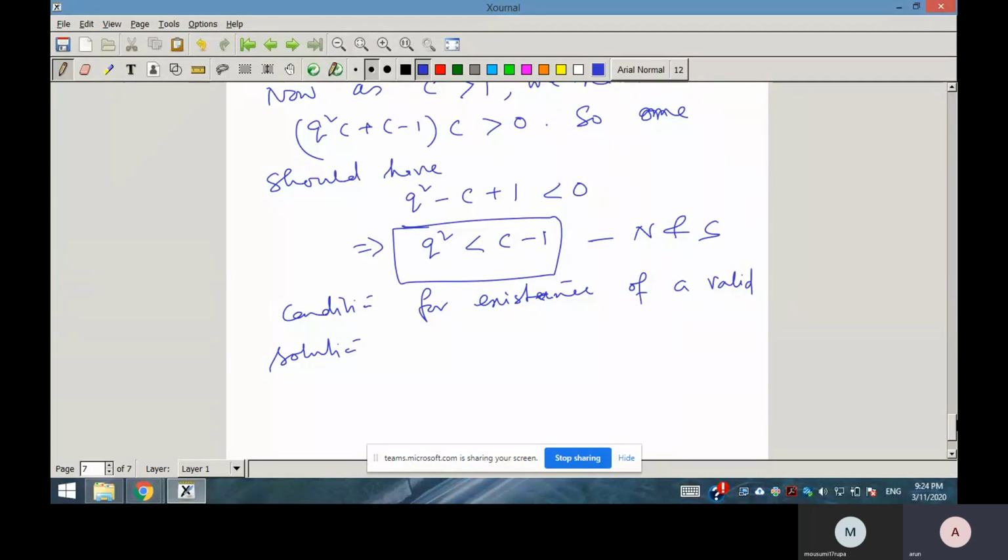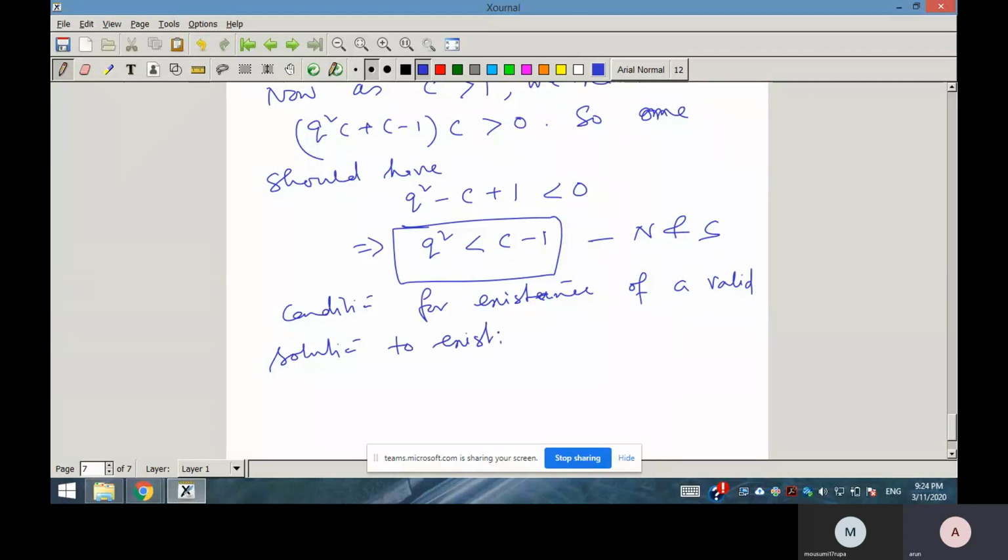Valid here means positive solution. So if the given condition holds, then this is a necessary and sufficient condition for a valid solution to exist.